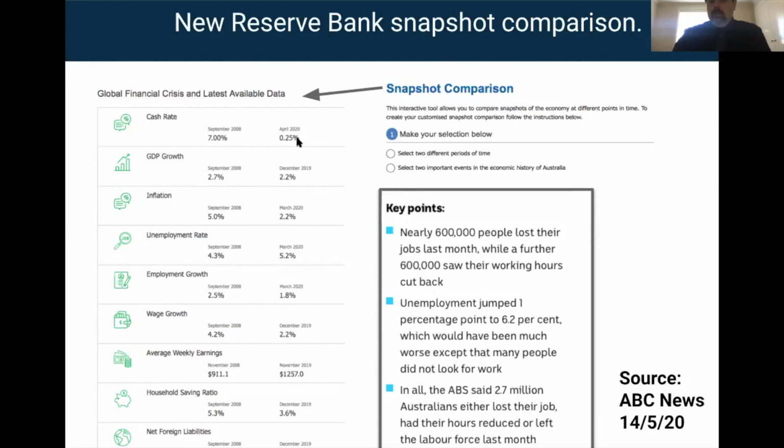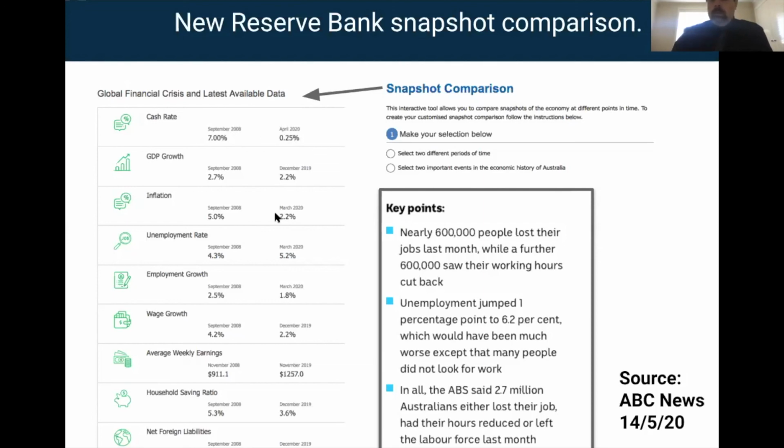I did this in April, and then it compares it. If you're looking at a change over time, this is a really good tool to compare. For example, the cash rate was 7% in 2008 and is now 0.25%, a massive difference over that 12-year period, and we can look at key indicators and make some judgments there.